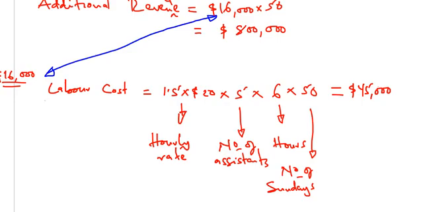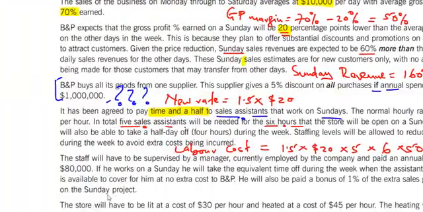That is the labor cost per year. This additional revenue is also calculated per year. So that is your new labor cost. So we finished that part.